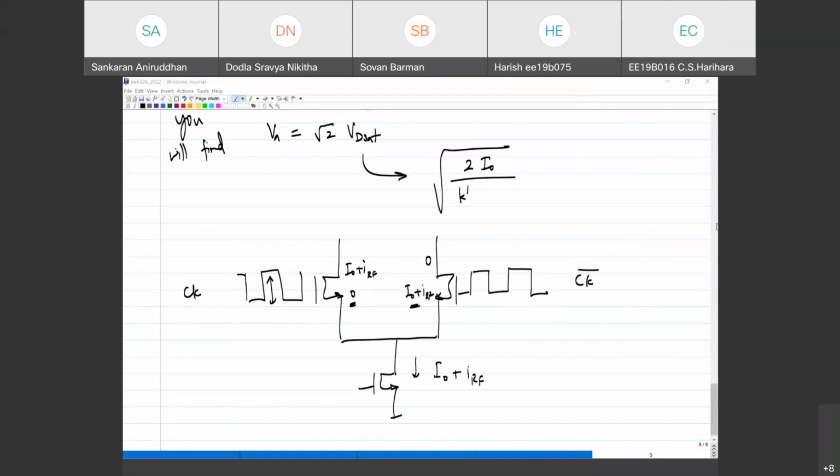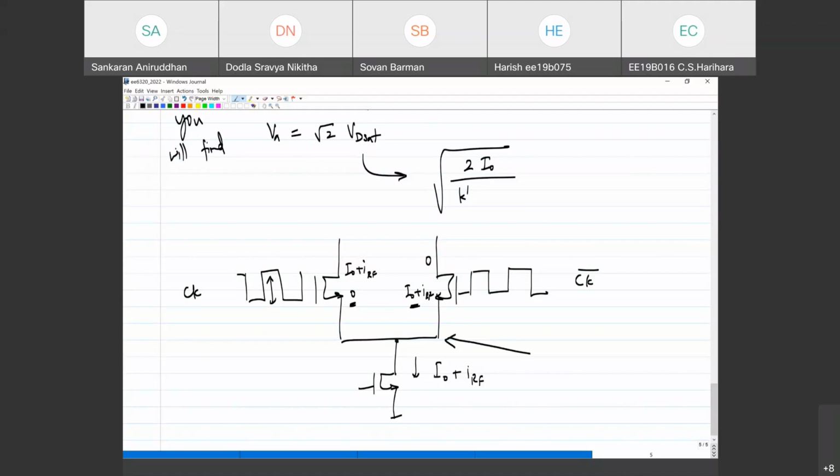Sir, in the same circuit, you have said the waveform appears periodic with T_LO by 2 period at the source of both the top NMOS. The source, you're talking about this point? Yes, sir. And what have I said there? Like when the switching is not ideal, it must be actually a V naught.